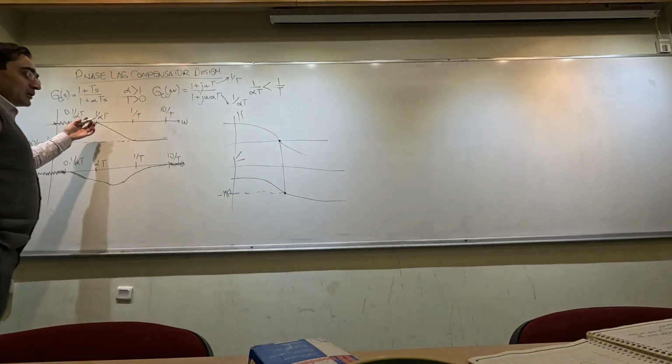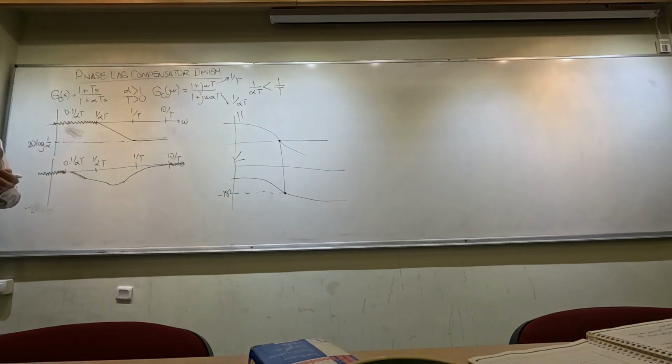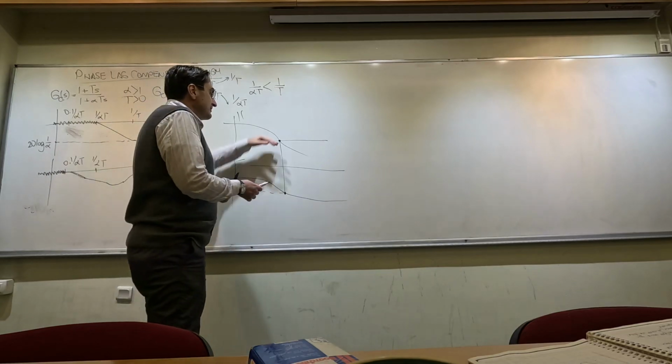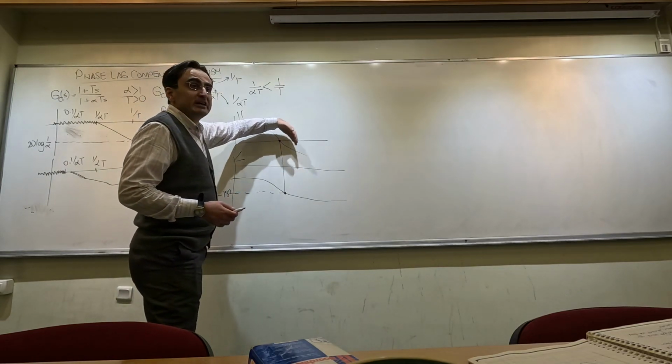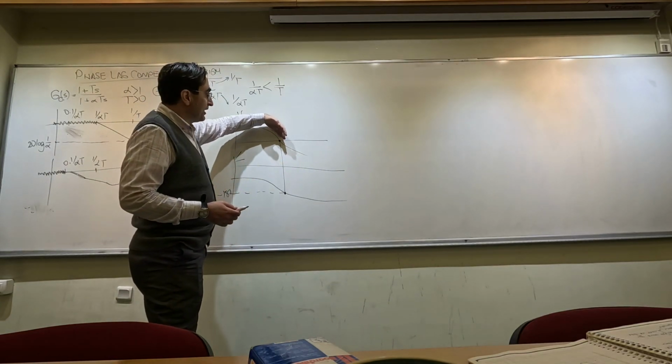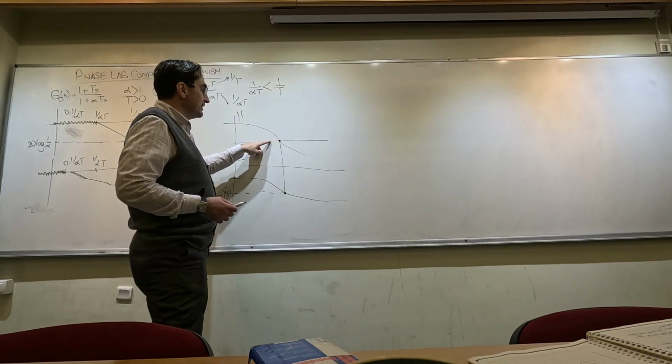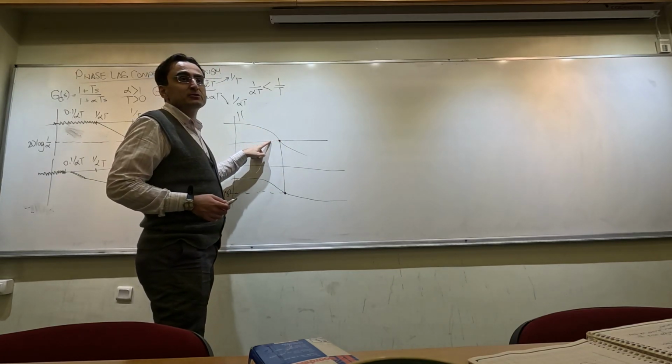But if I want to use the lag compensator for the same purpose, how can I use this thing? Here I see that if, instead of increasing the gain, I decrease the gain, the gain crossover frequency is going to shift to the left.